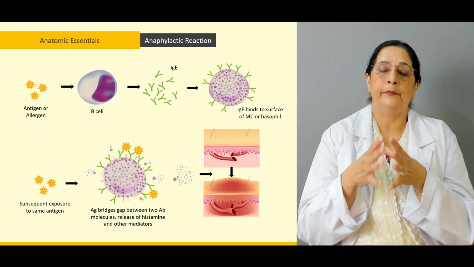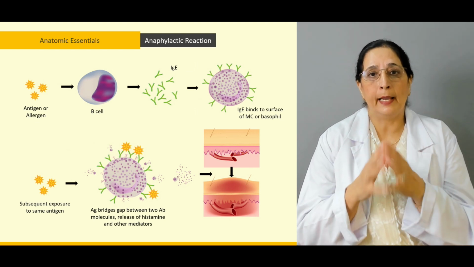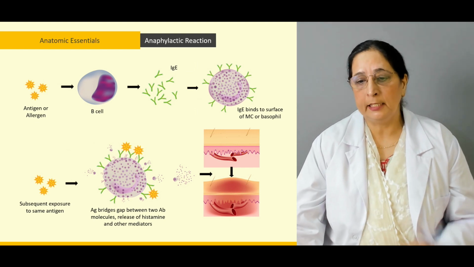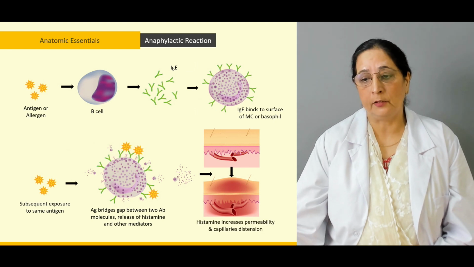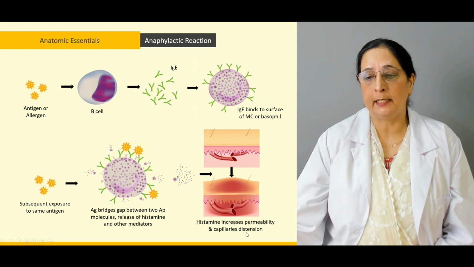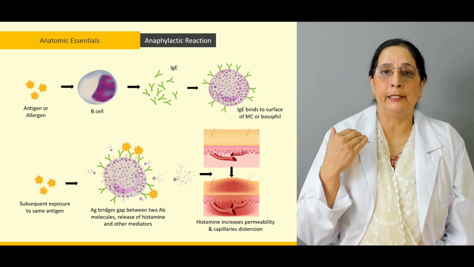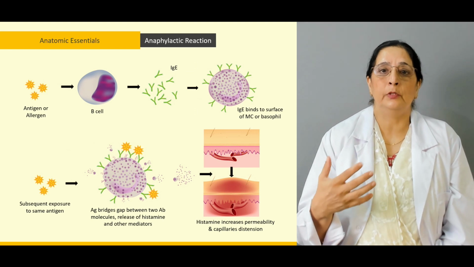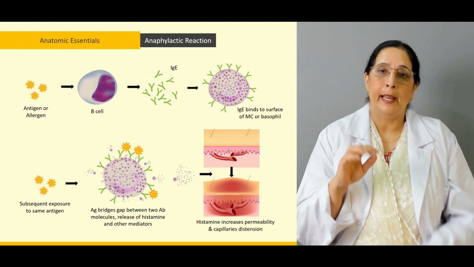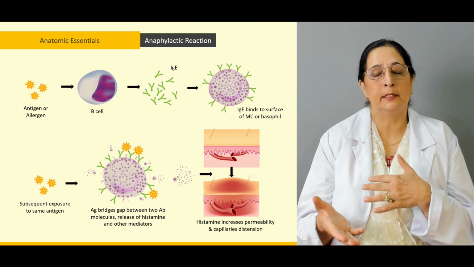As a result of this antigen-antibody binding, release of histamine and other chemical mediators occurs, and different changes can occur as a result of that, including increased permeability and capillary distension. So there is increased permeability, increased leakage, and also distension of the capillaries, which are the smallest blood vessels.